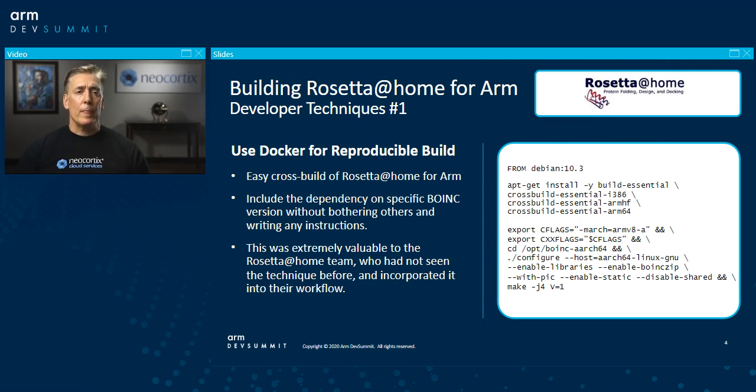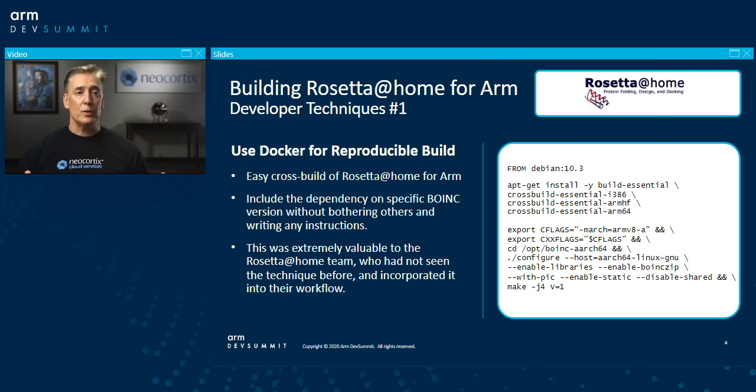So that project took about 2.5 days for Dmitry to do the cross build, and then Sahaj and David followed on with the native build a few days later, and about 9 days after that, David Kim and his associates at Rosetta at Home completed their integration.